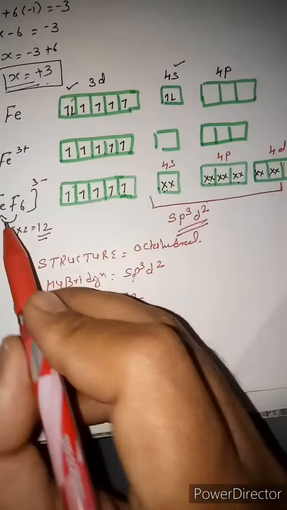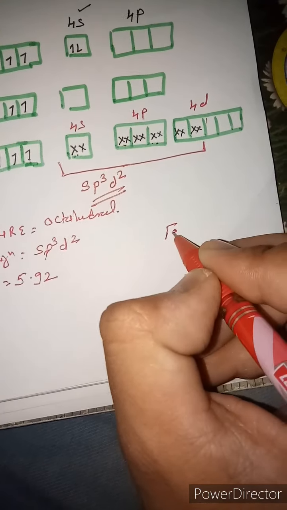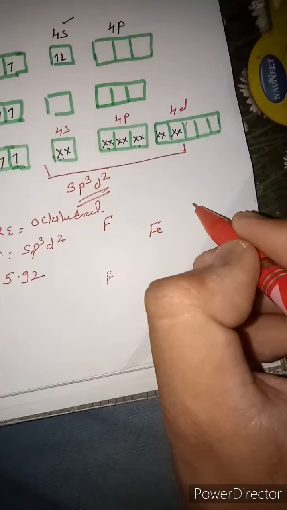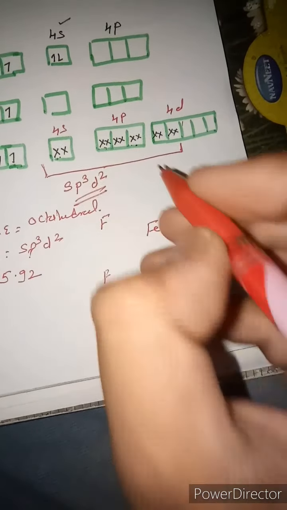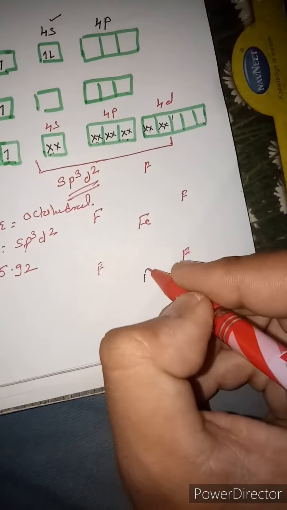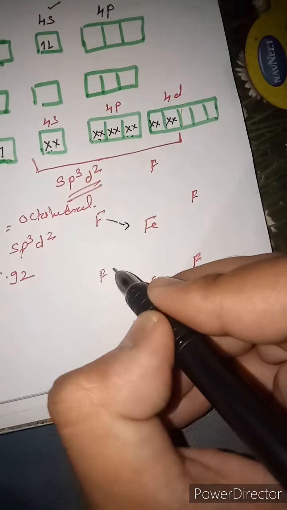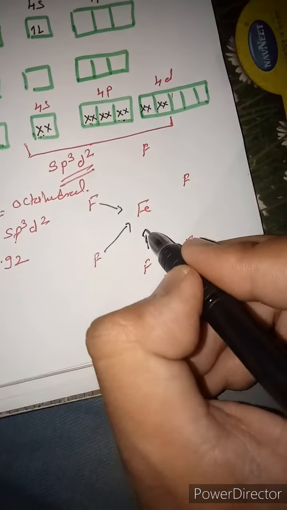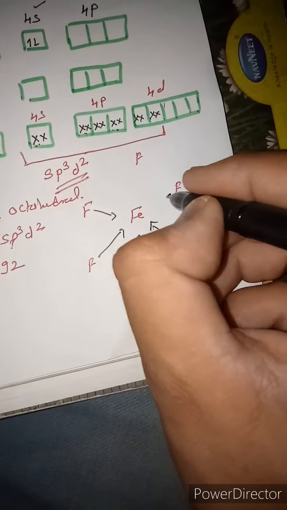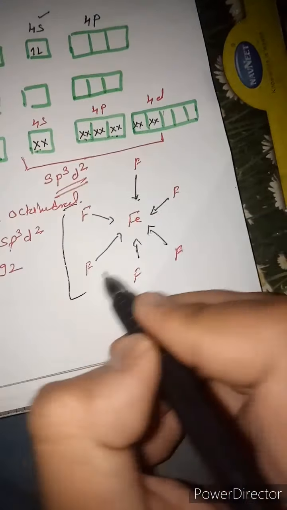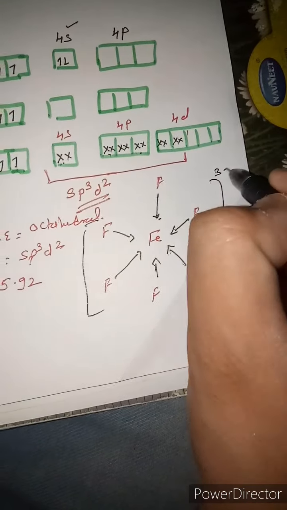And finally we need to draw Fe as the central atom. Here F, and you can show the electrons as arrows towards the Fe atom. So this is the structure of FeF6.